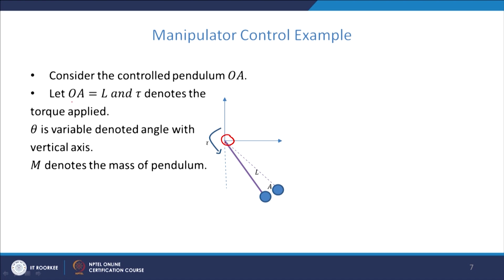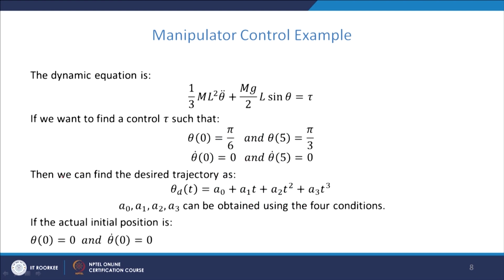If you assume the pendulum, single arm manipulator, has length L, and theta is measured from the downward vertical, and m is the mass of the pendulum, then we know that the equation is written in this particular form. We have already seen the dynamic equation of the single arm robot manipulator is written like this, where the torque acts as the control for this one.